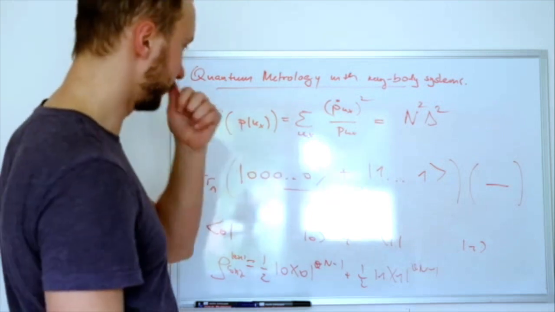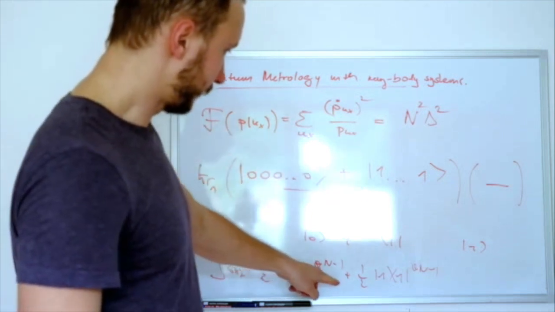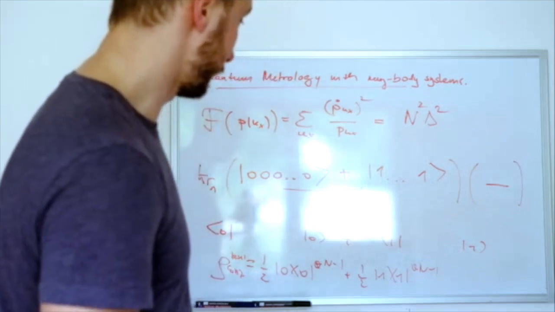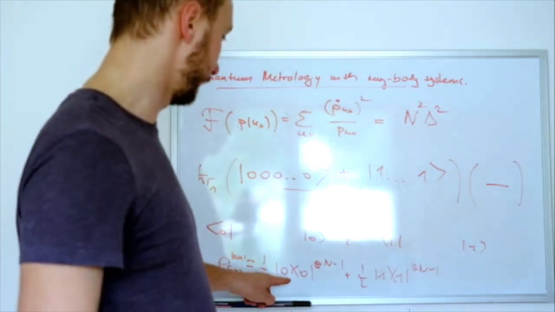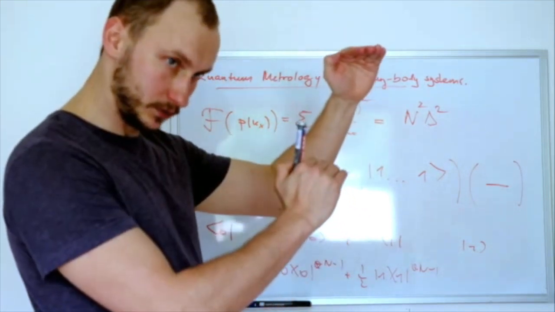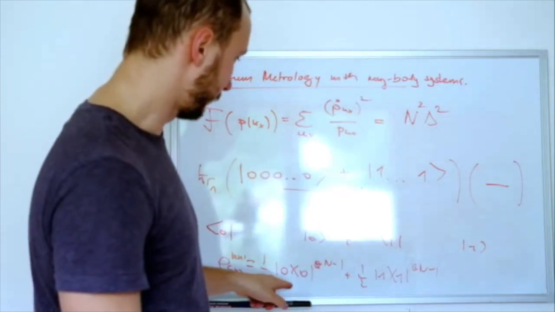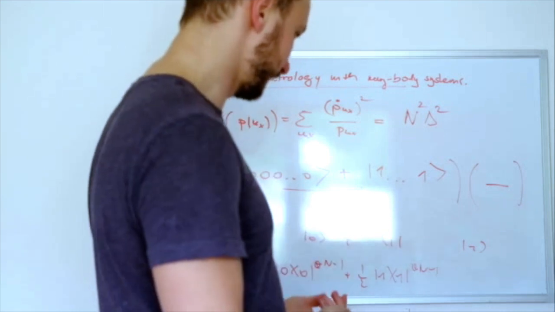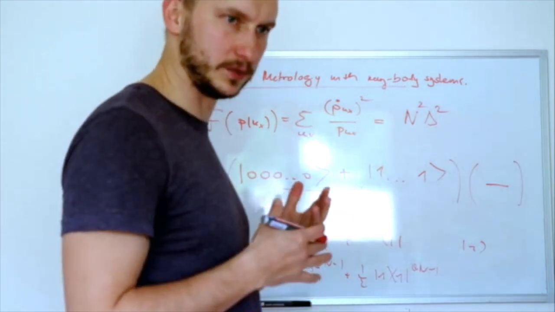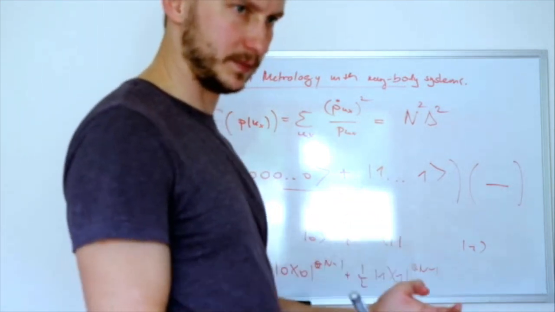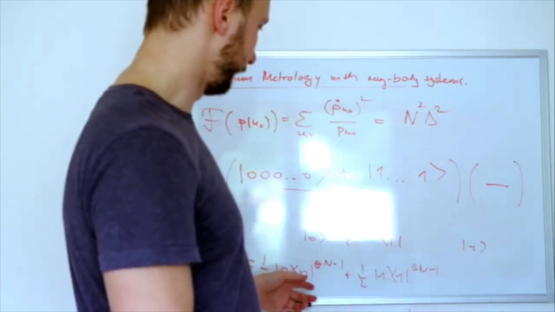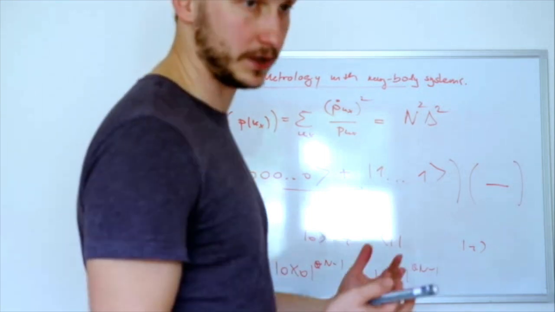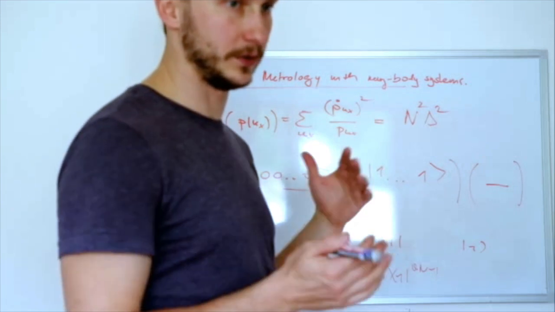Easy to compute, right? Just trace out one. You see that this state is not sensitive to the Hamiltonian at all, because it's an eigenstate of the Hamiltonian. It's really just a mixture of the two extreme eigenvalues. Ideally, estimation with the GHZ state is the best you can do, but whenever you have some imperfections, it's very fragile. It will lose all the information encoded about the parameter very fast.